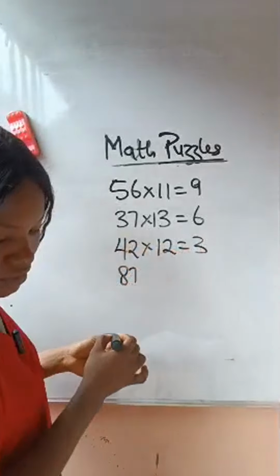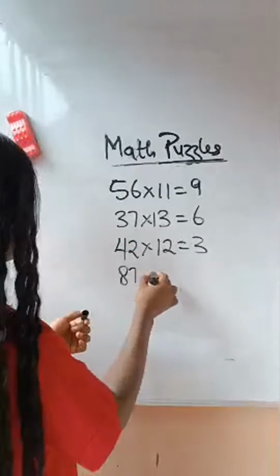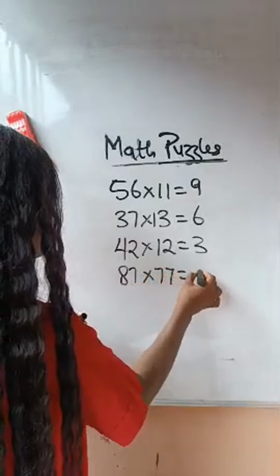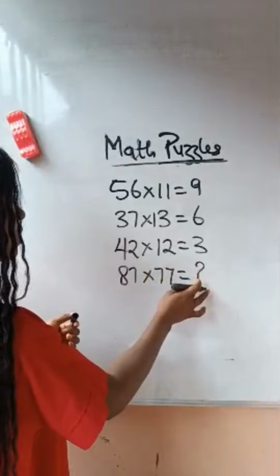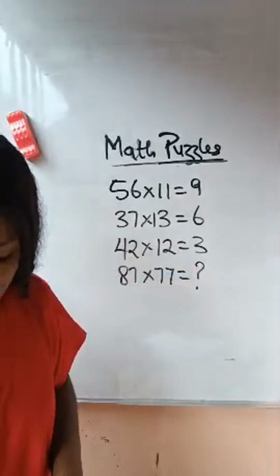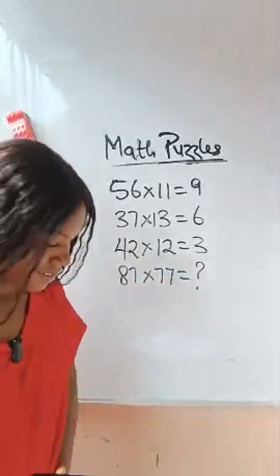Now 87 times 77 is equal to what? So what do you think is the answer?